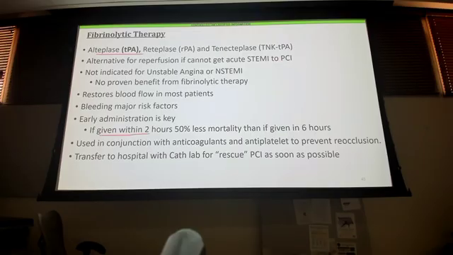You still want to transfer them to a facility that can do PCI because that problem hasn't been addressed. Just the acute issue has been addressed, but not the plaque rupture. So they need to go and get a rescue PCI in order to address the problem of that plaque rupture, okay? So they don't reform another clot, okay? So it's still important to get that patient transferred to a facility that can do the PCI, but you only give TPA or fibrinolytic therapy to patients who cannot get that PCI within 90 minutes, okay?